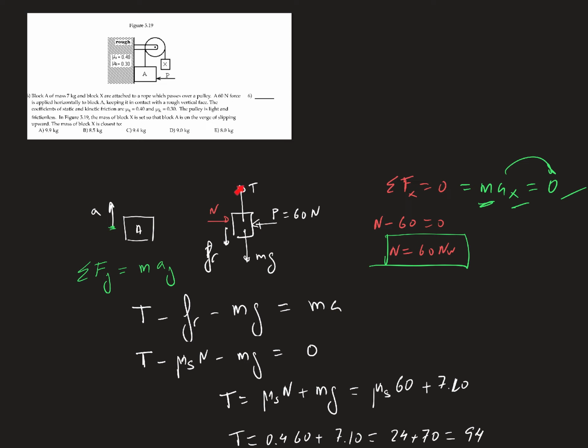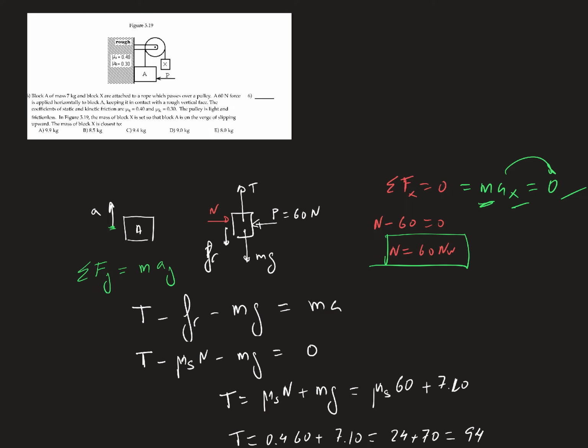So T is positive. The friction is negative. The weight is negative. And this equals mass times acceleration in the y direction. I didn't write a_y, but it is supposed to be a_y. So the tension minus the friction minus the weight is mass times acceleration.